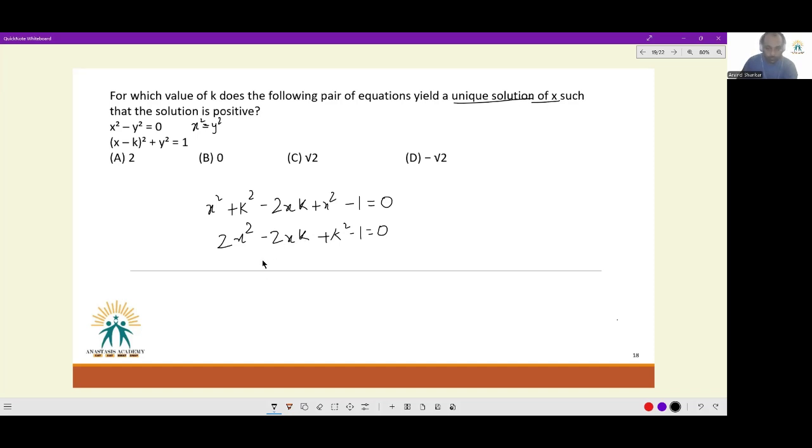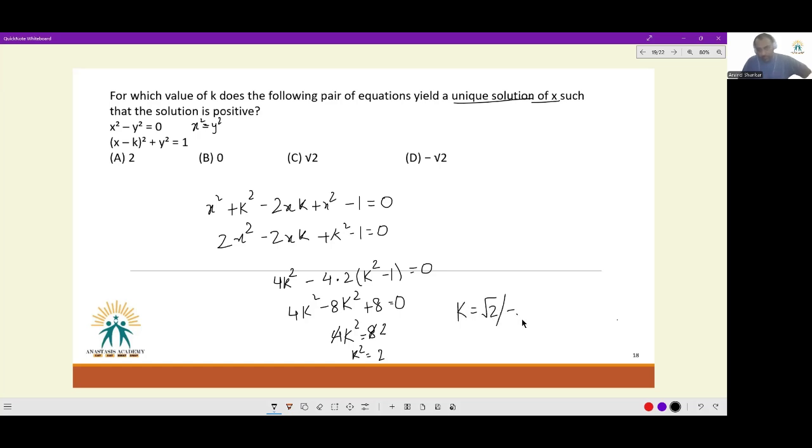If the discriminant is 0, what will we get? 2k whole square, so 4k square minus 4 times 2 into k square minus 1 has to be equal to 0, or 4k square minus 8k square plus 8 is equal to 0, or 4k square is equal to 8, or k square is equal to 2, and k is equal to under root 2 or minus under root 2.